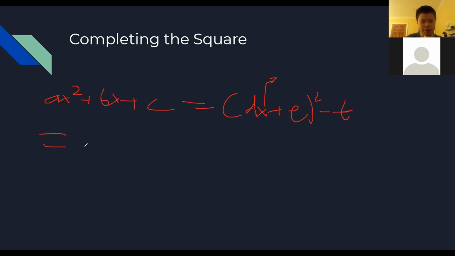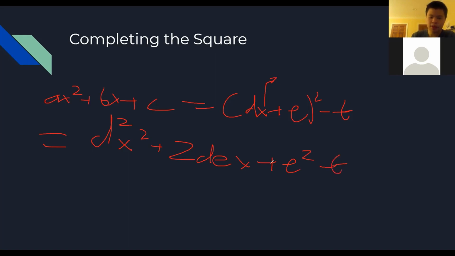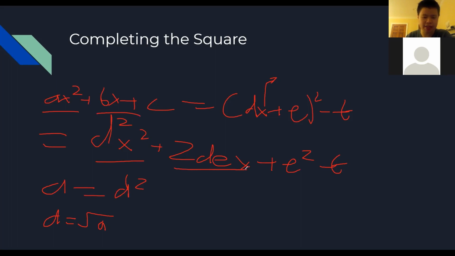So if we expand it out, the x squared terms have to match coefficients. So a equals d squared, or d equals square root a. The x terms have to match coefficients. So b equals 2de, which if we substitute this in, equals 2 square root a e.